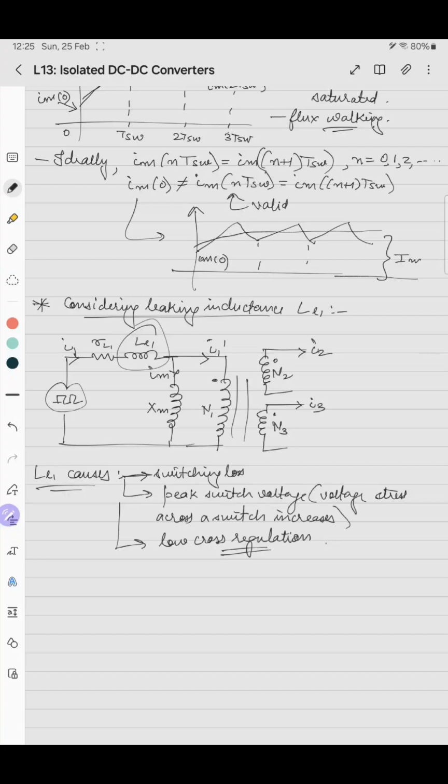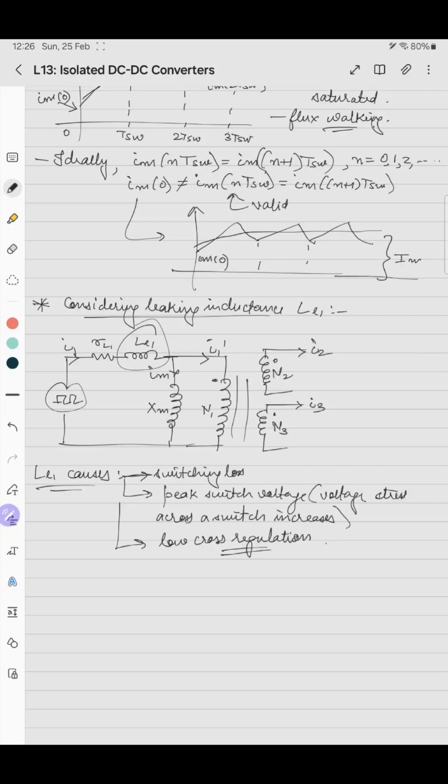At the same time, let's say you want to achieve zero voltage switching and zero current switching for a DC-DC converter. In that case, the operating frequency of the converter has to be varied, which means that the switching frequency of the converter has to be varied. But if you want to make the switching frequency fixed, what you do is you vary the leakage inductance, or you change the leakage inductance based on the load.